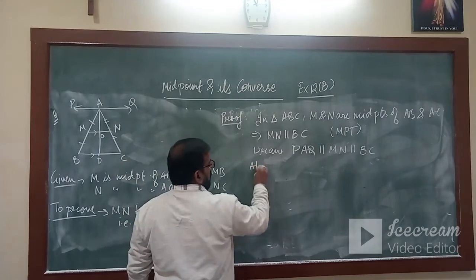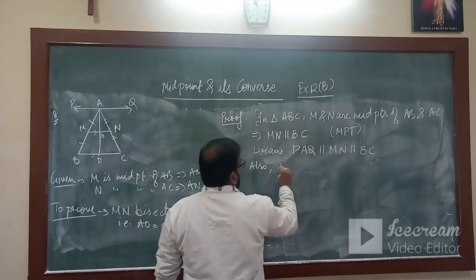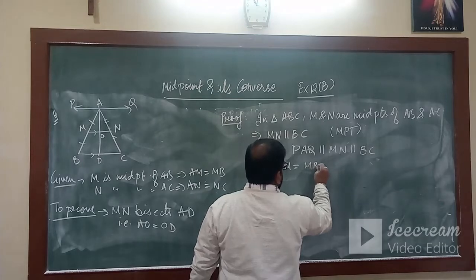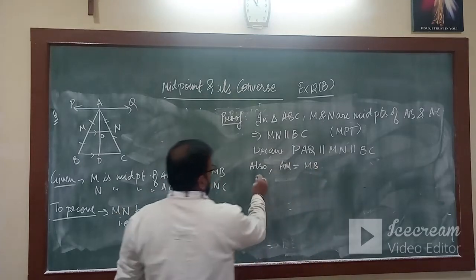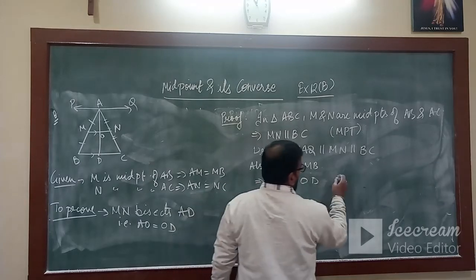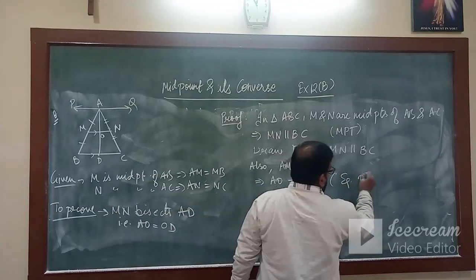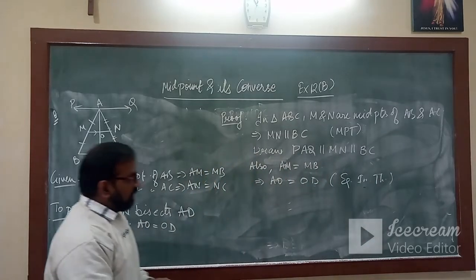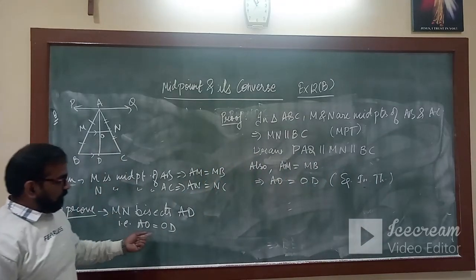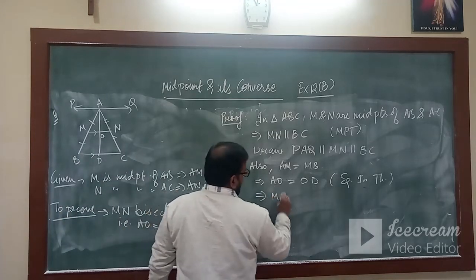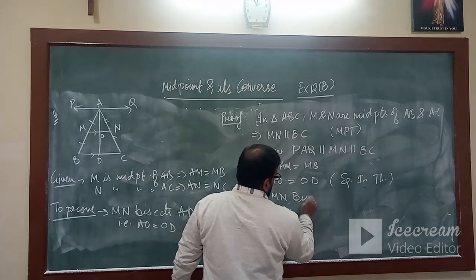Also what we know? AM equal to MB, it is given. So this implies AO equal to OD. How? By again equal intercept theorem. And see what we have to prove? AO equal to OD only. So that is MN bisects AD.